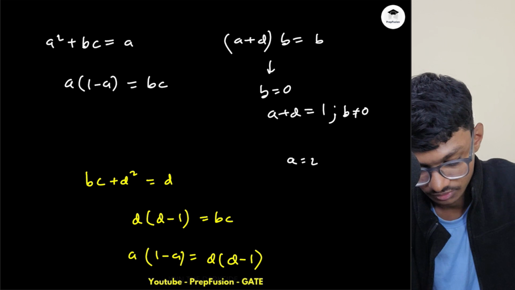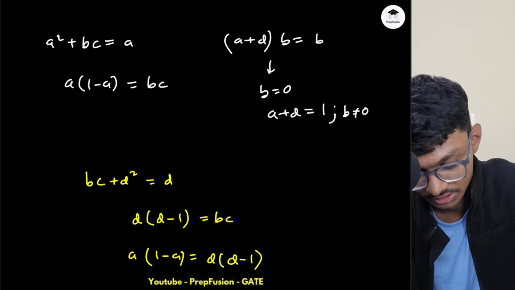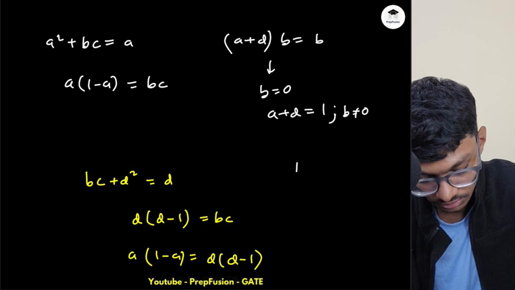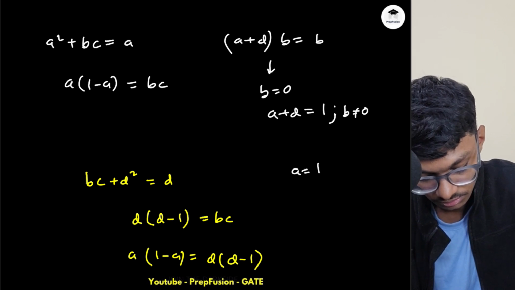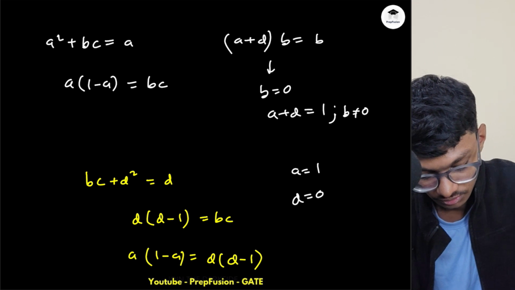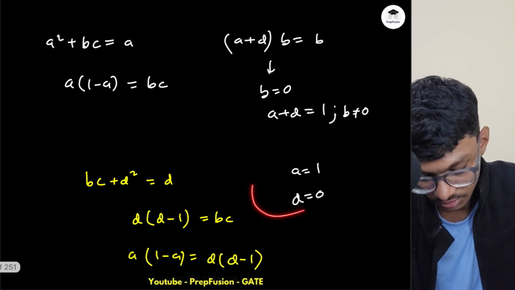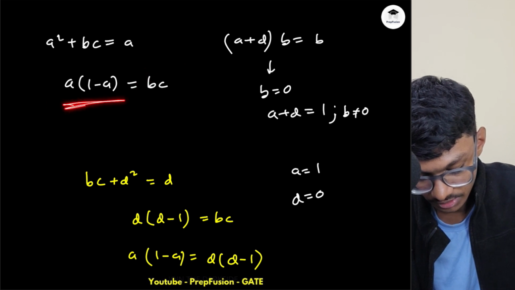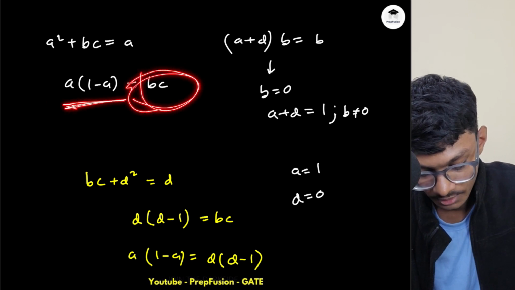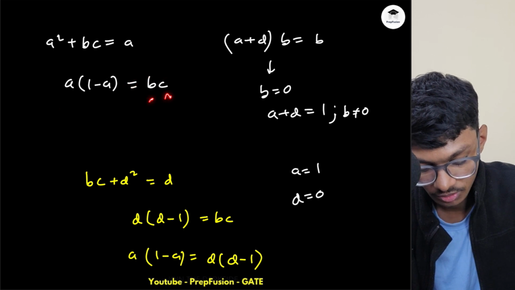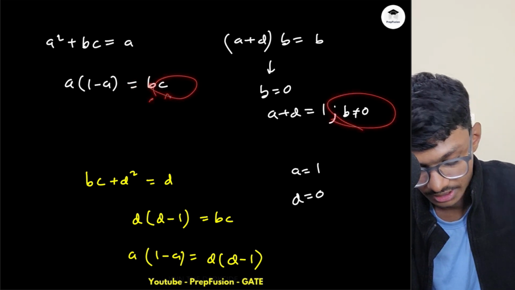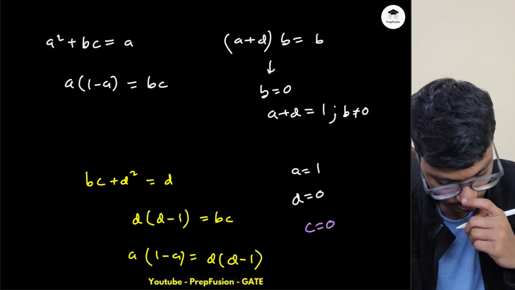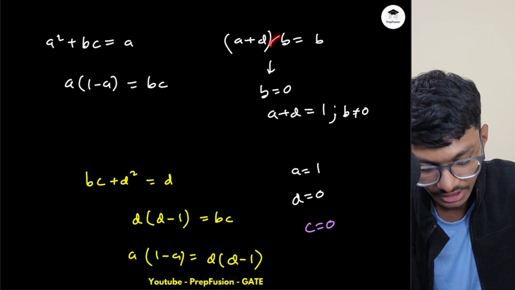These two are satisfying. So what will be b times c? b times c will be simply 0. So either c has to be 0 or b has to be 0. b can't be 0, so c has to be 0. So if c equals 0, then b can be any value.